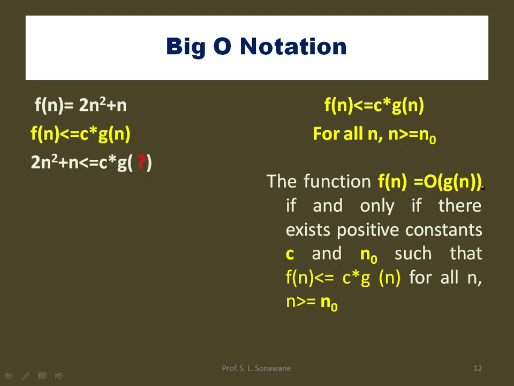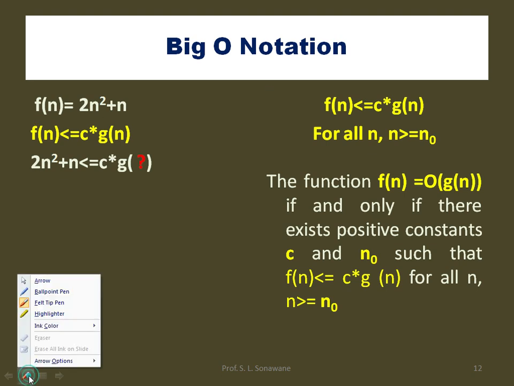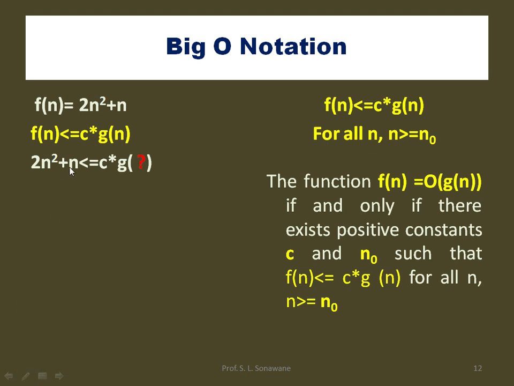So again we write the function, f of n equals 2n square plus n. We have to satisfy the condition that f of n is less than or equal to c into g of n.